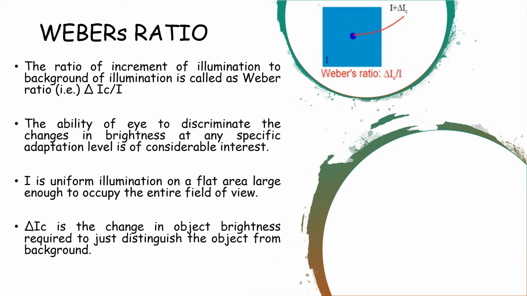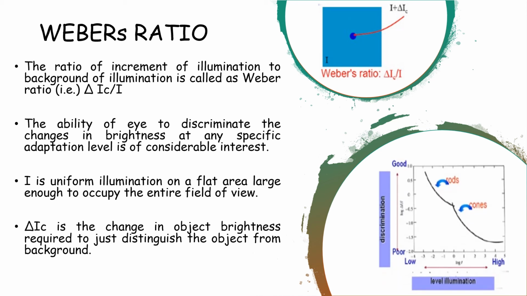Del Ic is the change in object brightness required to just distinguish the object from the background. The last graph tells you the plot between the illumination level and the discrimination, and the illumination of both rods as well as cones respectively.